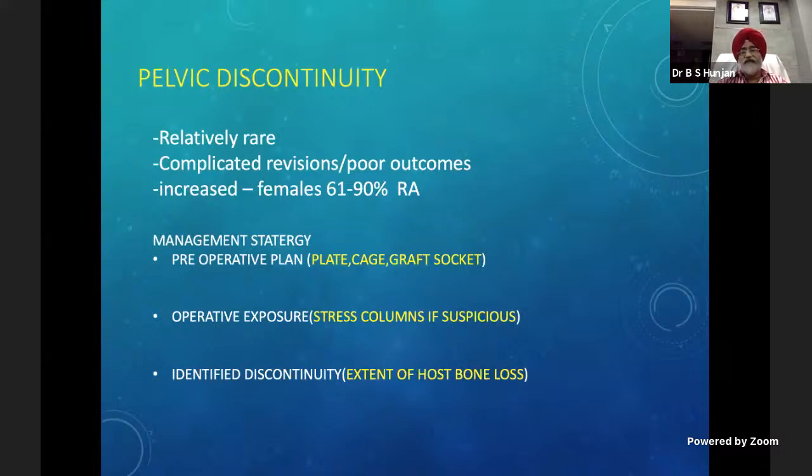It occurs with complicated reasons and poor outcomes. It is increased in females because of osteoporosis, and 61 to 90% in RA cases. For management in this case, we can keep plates, cages and everything at hand. For operative exposure, if the stress columns are suspicious, we should identify the discontinuity and the extent of the host bone loss, how much host bone is lost.